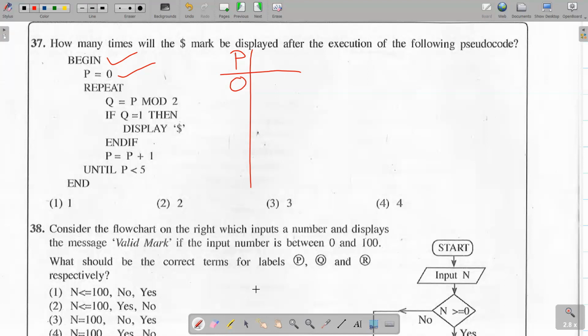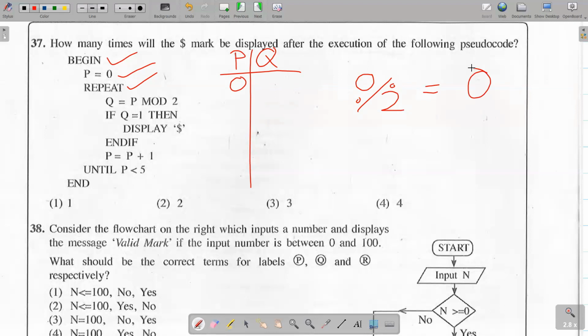Right, so it will begin p equals 0, then it says repeat, and q is given as p mod 2. So q can be calculated by dividing p by 2 and considering the remainder. So p is 0. When 0 divides by 2, the remainder is going to be 0 as well.